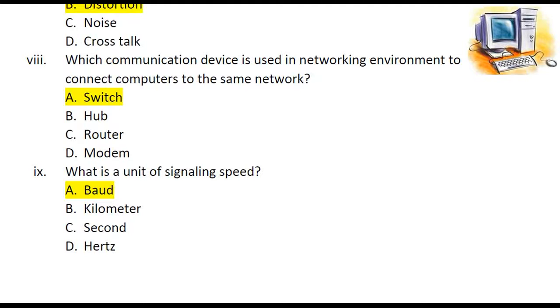Now the question arises: which device allows us to connect different networks with each other? That is called the router. Router enables us to connect different networks with each other.